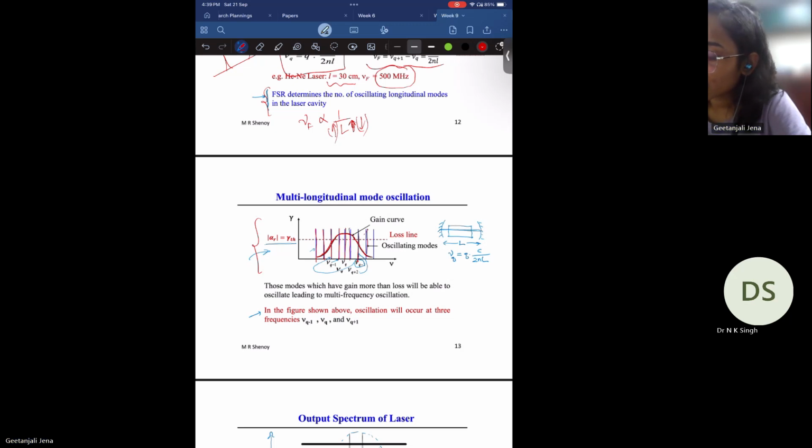Among these cavity modes, only the modes that have gain greater than the loss in the system will oscillate inside the laser cavity.